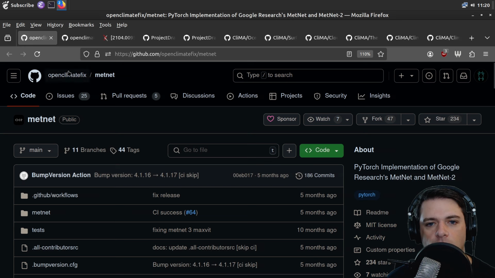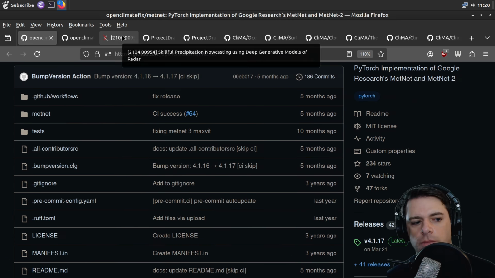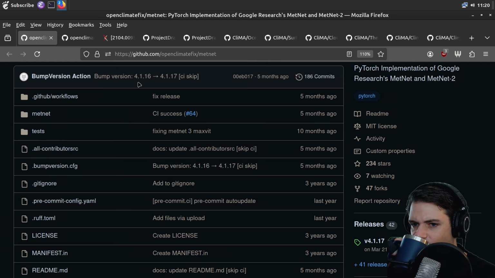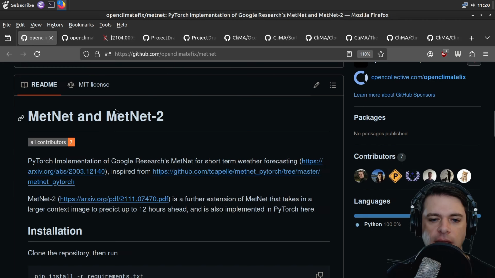Okay, here's MetNet, which is some PyTorch implementation of some Google arXiv paper, I think. MetNet and MetNet 2.